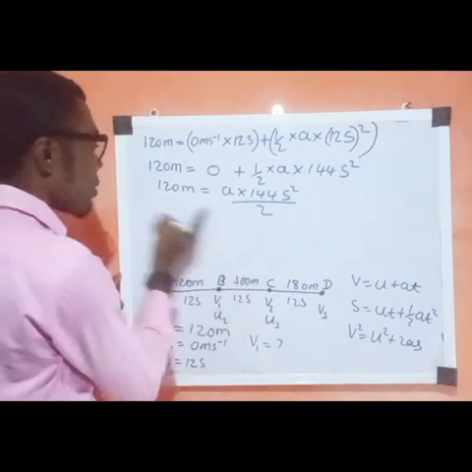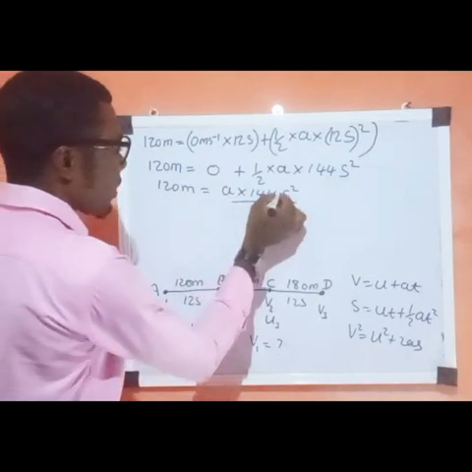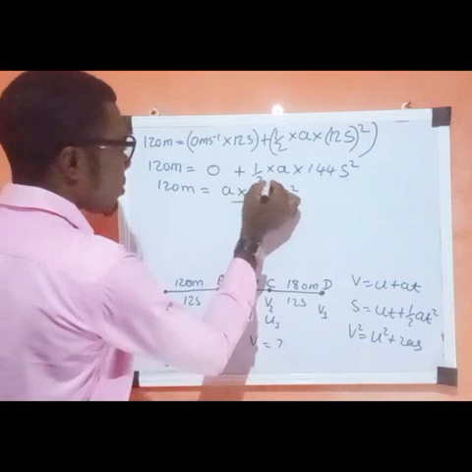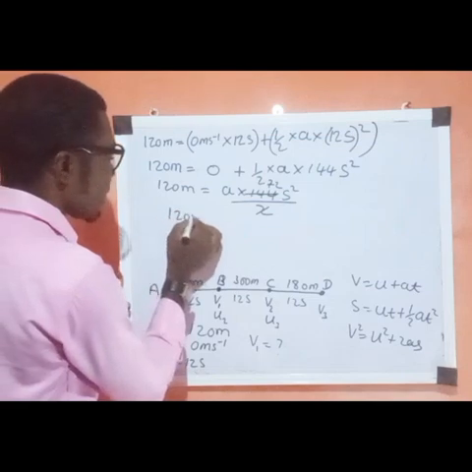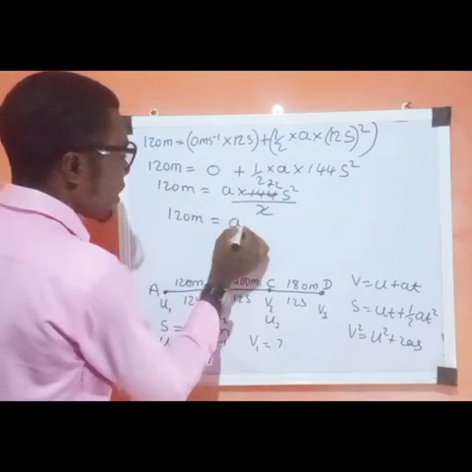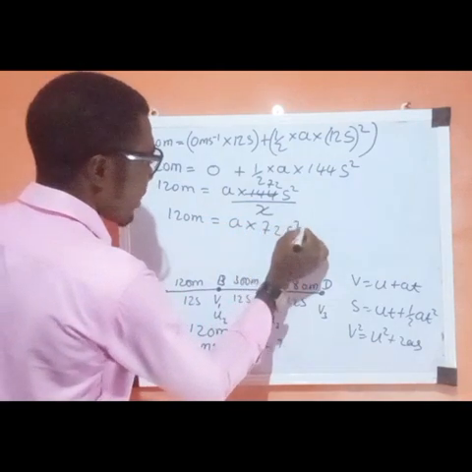So we can cross multiply or even divide this way. 2 can divide 144 to give us 72. So we have 120 meters is equal to A times 72 seconds squared.